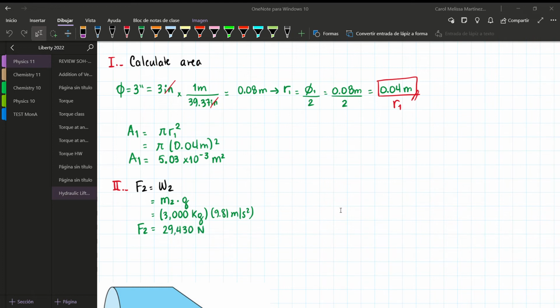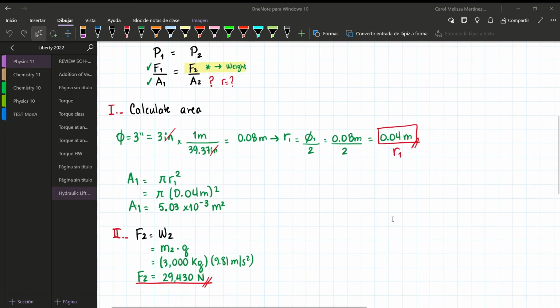Now with this, we go back to Pascal's principle, and now we know the first two. Okay, so now we are ready to isolate, to find the area 2, and therefore the radius. So that's going to be my third step.